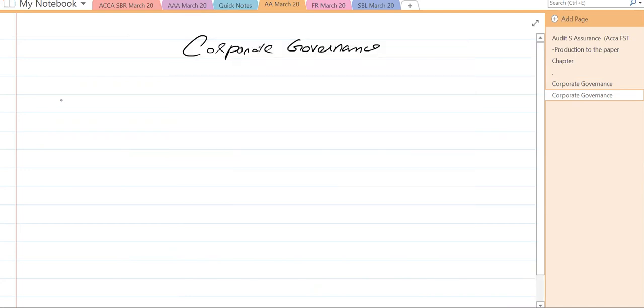The first thing is the structure of the board.